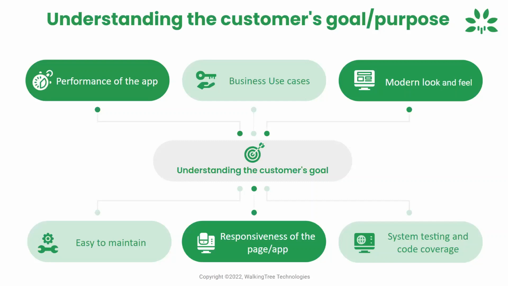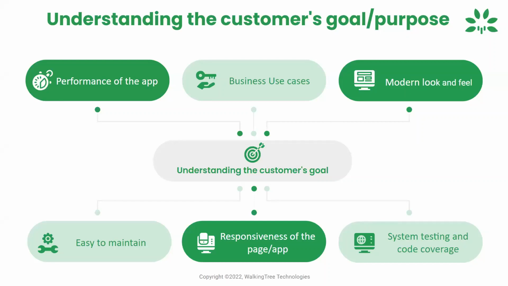Another thing is responsiveness. The customer wants to scale the application from desktop to mobile, so with existing code, we want to support mobile browsers also. That is one kind of goal that customers will have.